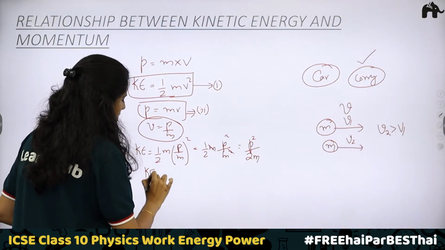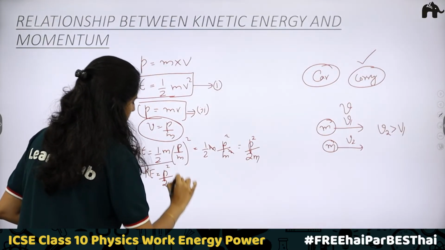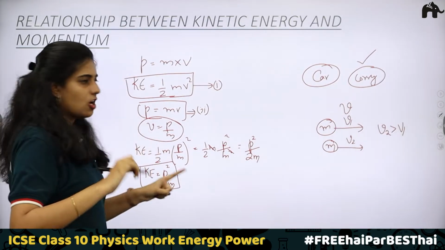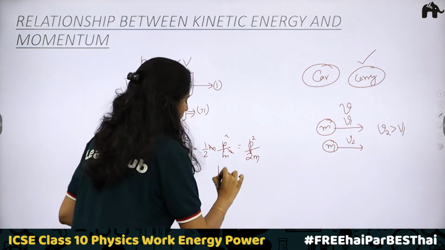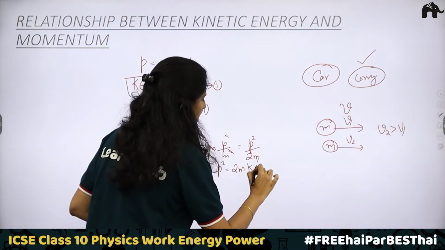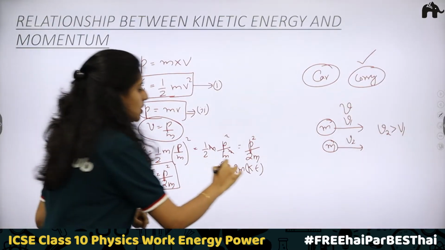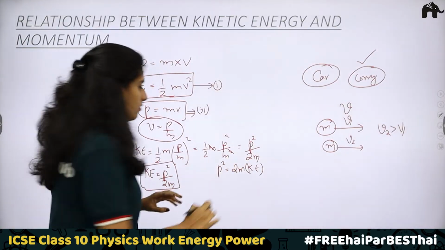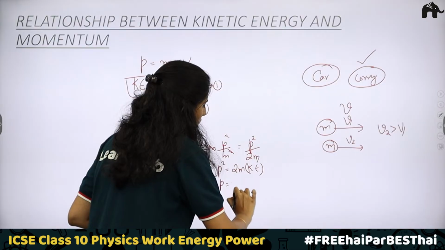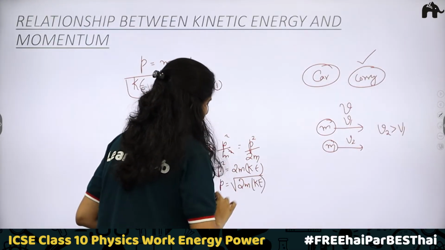Therefore, kinetic energy is equal to P square by 2m. Okay. Or you can rewrite this as P square is equal to 2m into kinetic energy. Okay. I'm taking this 2m to the opposite side. 2m into K is P square. What is P? P will be equal to root of 2m into kinetic energy.